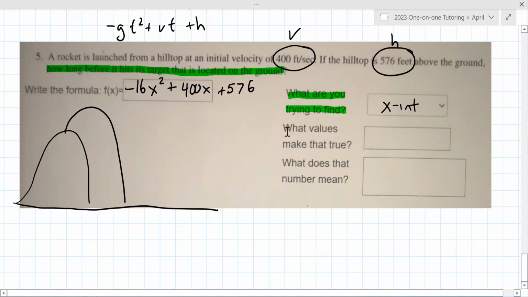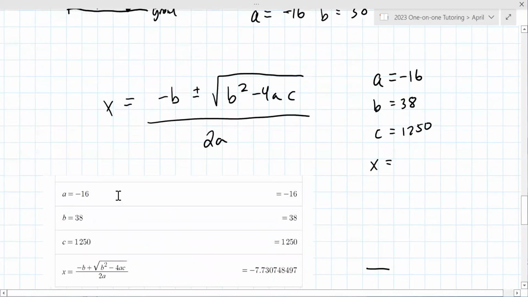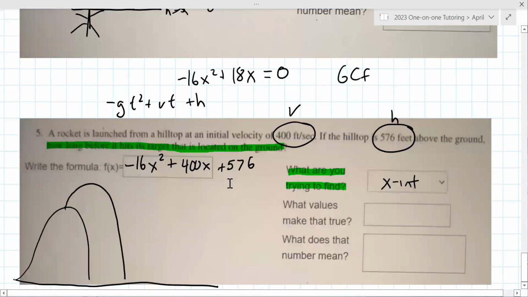Try to save you some time. The fact that you already have in your Desmos these equations right here, if you just change your A and your B and your C to the new numbers, it will calculate the new intercepts. That's the power of using a calculator or computer programming for that.